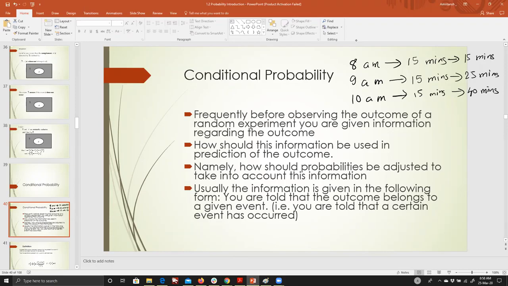And at 10 a.m., a 15-minute delay might become 40 minutes. So you can see the probability of you reaching in time is changing based on what time you have even started at. Do you guys agree with me? Yes, it depends upon the situation. This is what is called conditional probability.